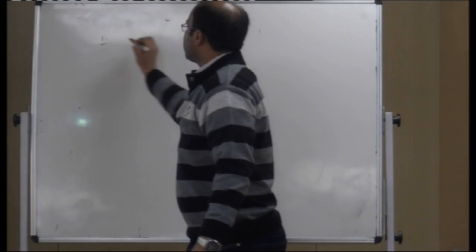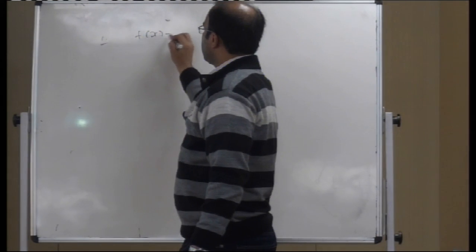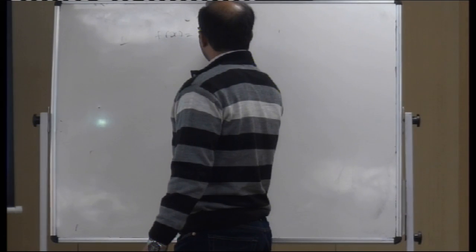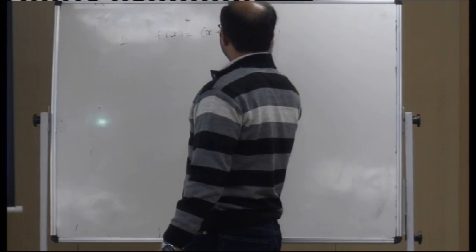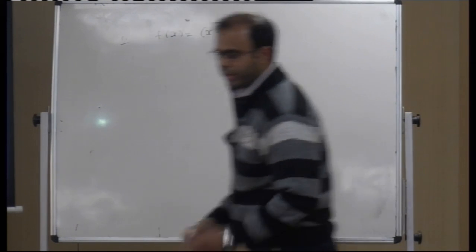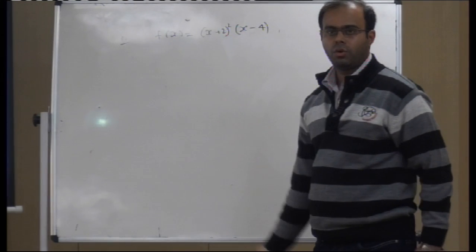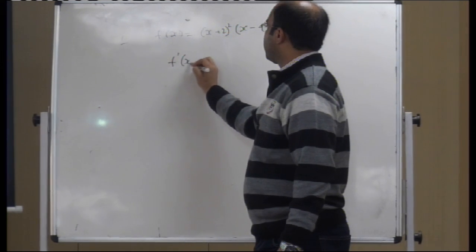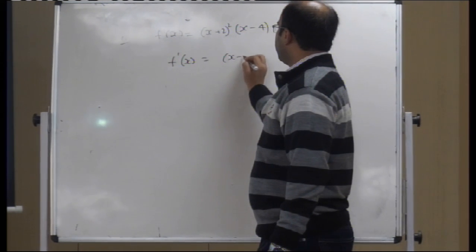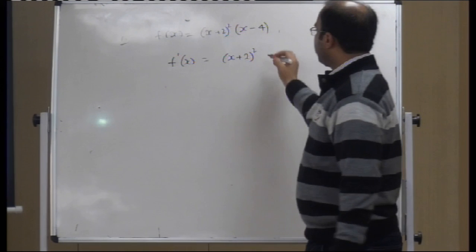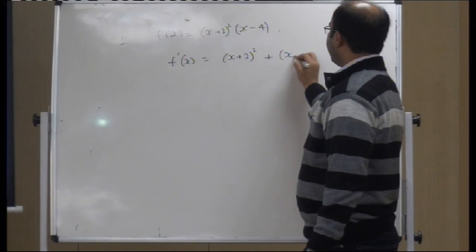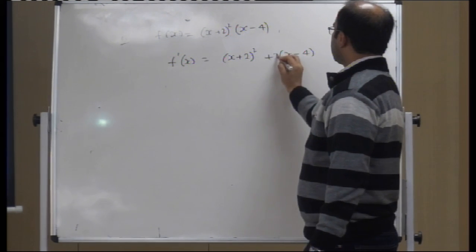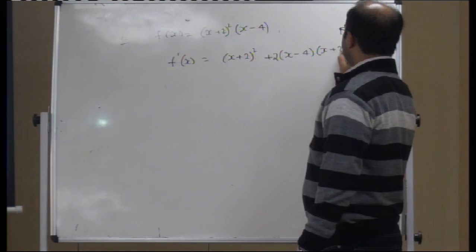First one is f(x) equal to (x plus 2) whole square into (x minus 4). Now you have to simply find its local maxima and local minima. When you differentiate this function, you will get (x plus 2) whole square, and the derivative of this is 1, and you will write (x minus 4), and the derivative of this is twice of (x plus 2), the rest is 1.